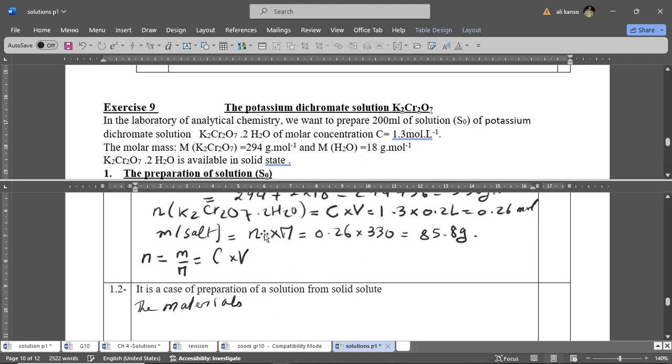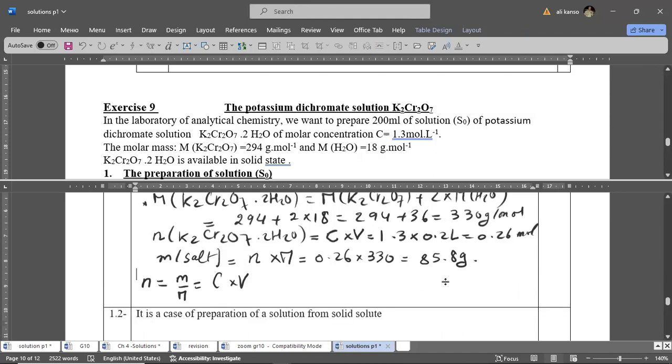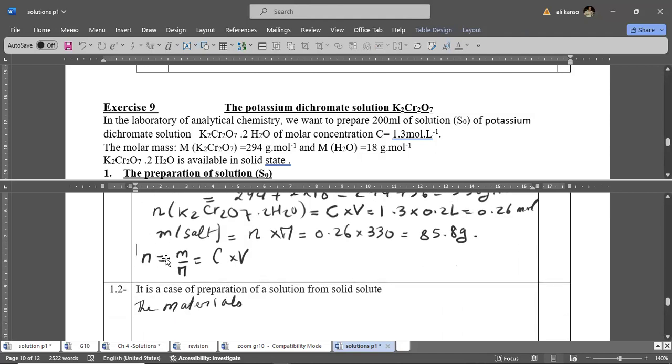The mass of the salt is equal to the number of moles times molar mass, which is 0.26 times the molar mass we found above, equal to 85.8 grams. The number of moles is mass over molar mass, which equals C times V. Okay, these are the rules.